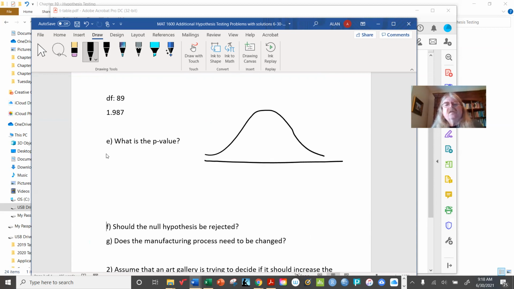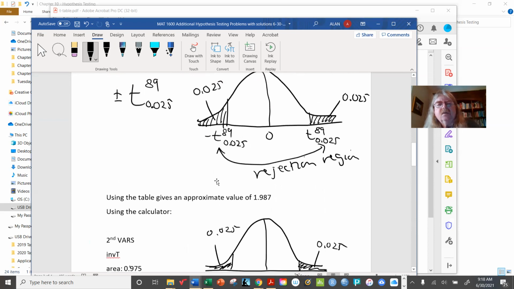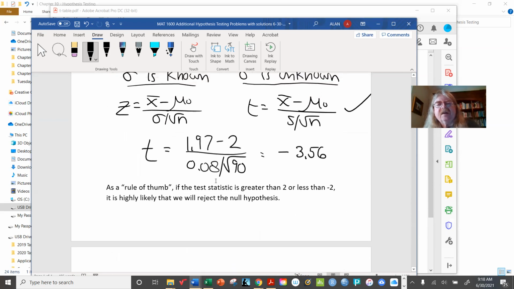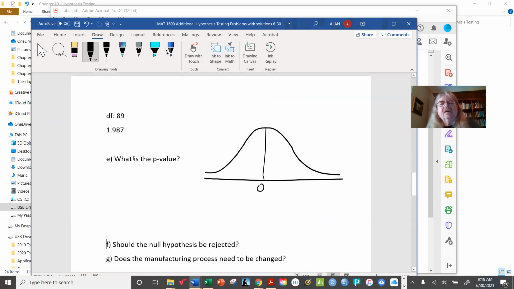So the p-value refers to the relationship between the test statistic, which, remember, is negative 3.56, and the area under the curve. So what you're going to do here is calculate the total area in the left and the right tails.